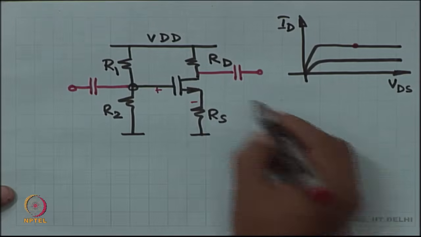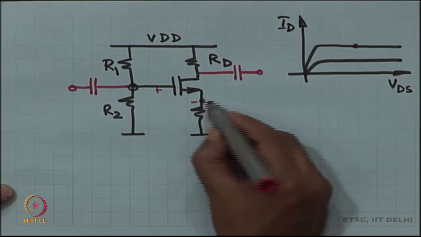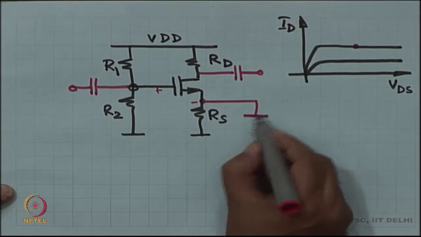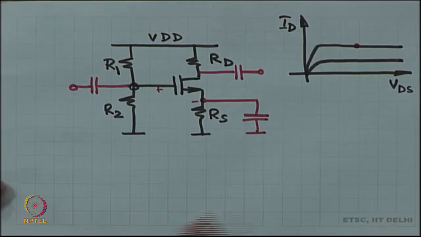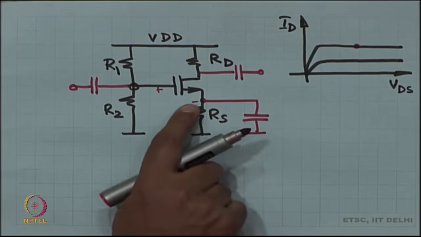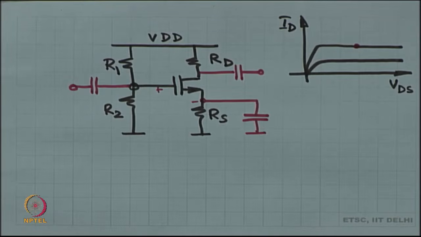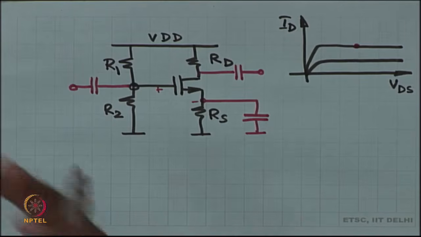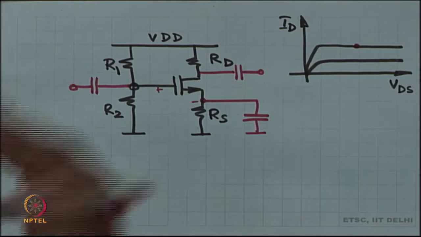So, again a capacitor is going to come to the rescue and we are going to place that capacitor in shunt with RS to make sure that the source terminal is static with respect to time. So, these are the jobs that we did in the last class. Now, today our plan is going to be to analyze the circuit or to work out how to analyze the circuit.